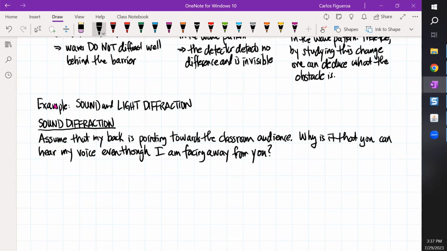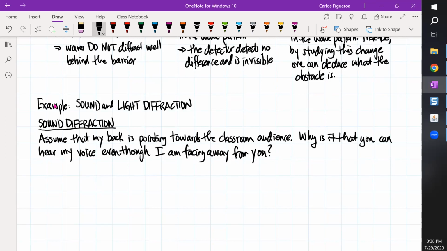It's the same thing that happens in a doorway. If I'm lecturing in my classroom and you are off to the side of a doorway, why is it that you can hear me even though you're not in front of the door?